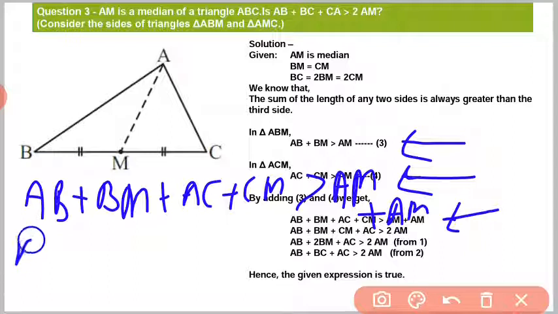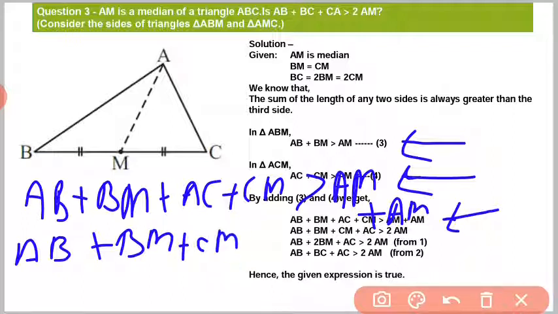Now AB, write it as same, plus BM plus CM plus AC greater than 2AM, as they are 2AM.